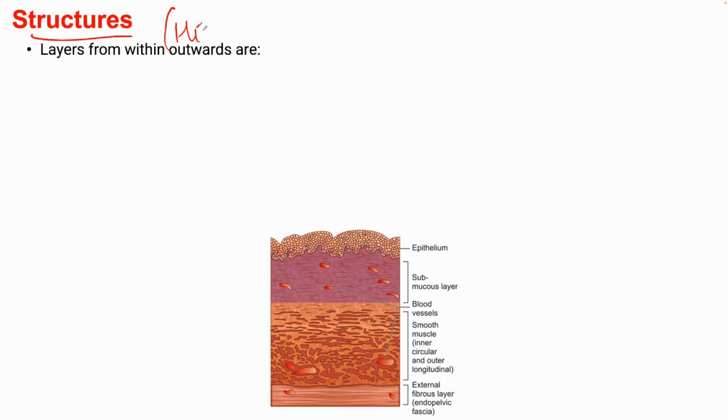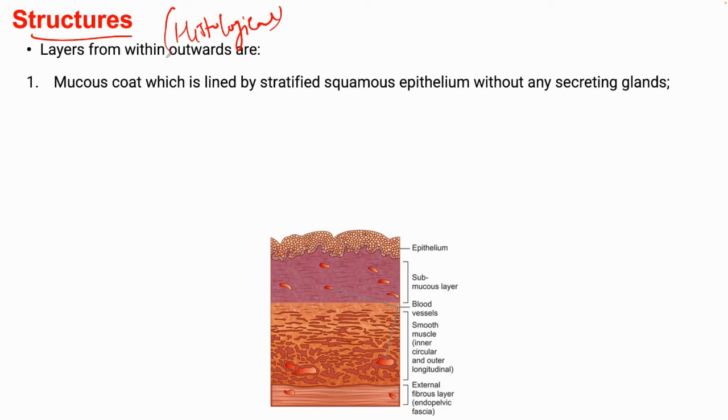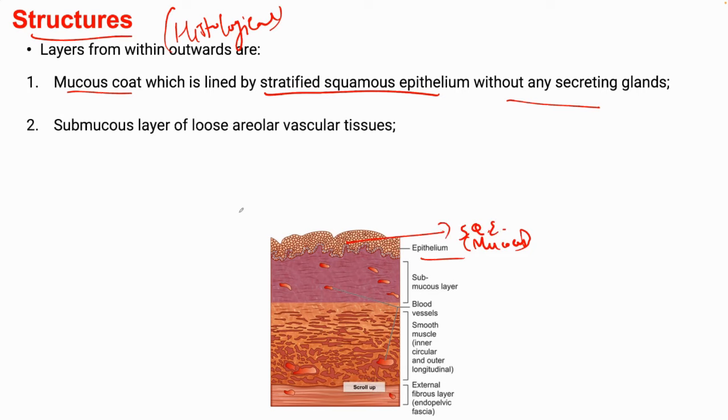Now if we talk about the structure of the vagina, this is the histology. Layers from the inside outward: first the mucous coat, which is lined by stratified squamous epithelium without any secreting gland. Then the submucosal layer of loose areolar vascular tissue, so vessels will be there.